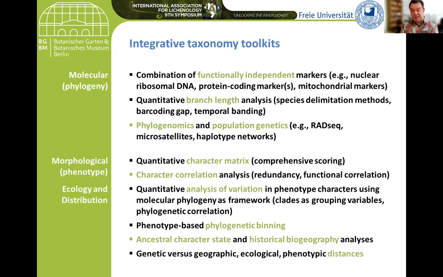So clades as grouping variables, phylogenetic correlation, and other methods we can use. There's phenotype-based phylogenetic binning. There's other things like ancestral character state analysis. And then also, of course, we can use distribution and ecology as features. There's quite a number of methods that can be used here. And this all can be done in the framework of integrative taxonomy.